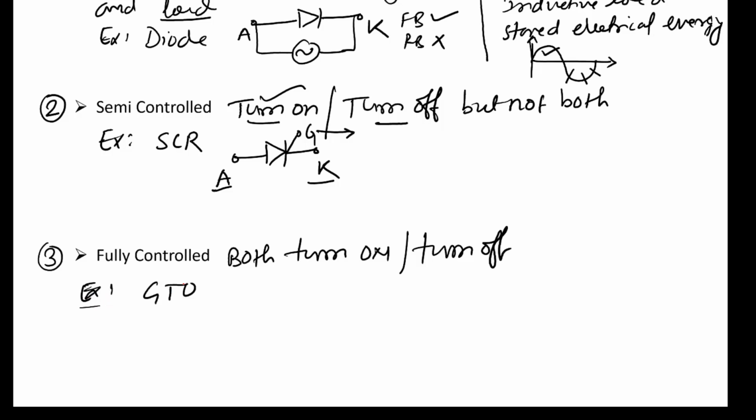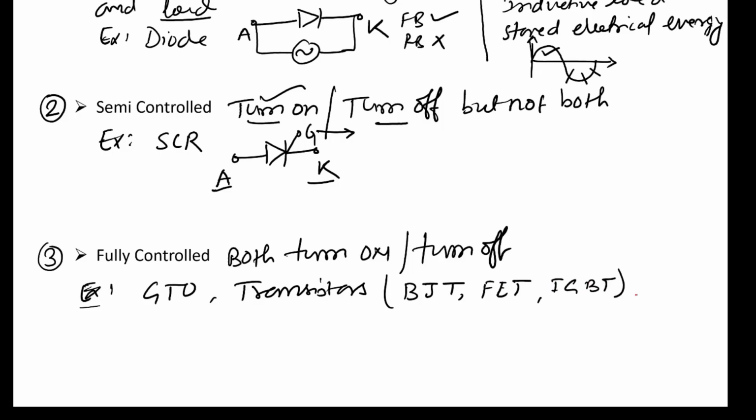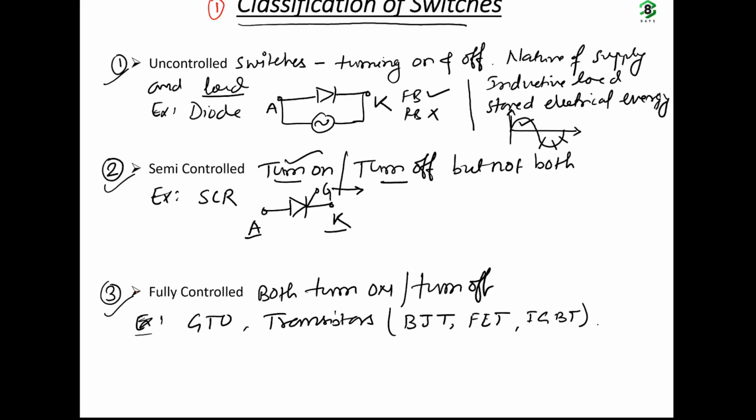Examples: GTO, gate turn off thyristor, and transistors, that is BJT, FET, IGBT. So this is the first type of classification that we have seen, where we have seen three types of switches: uncontrolled, semi-controlled and fully controlled.